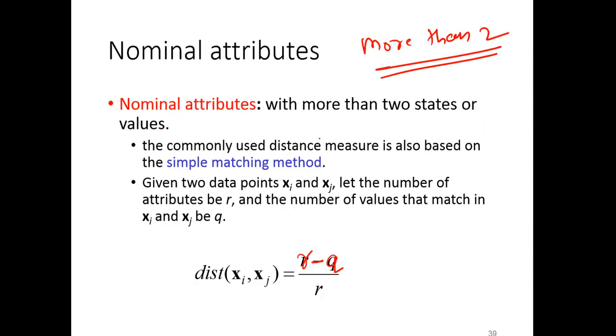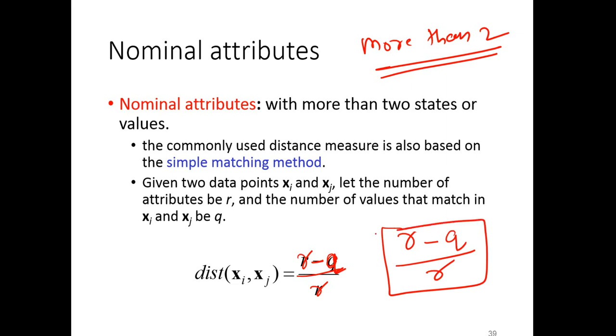Similarly, when you take various nominal values, let Q be the number of times where they are both the same. So take it out from the total number and divide it by the total R. So if R is the total number of categories, the distance is the total number of categories minus the number of times they match, divided by the total number of categories. That's the distance.